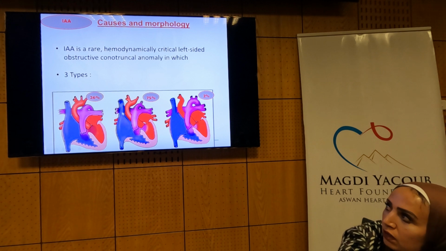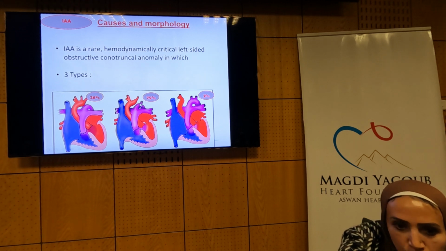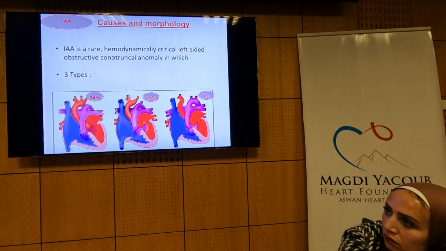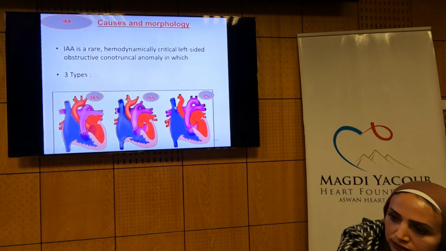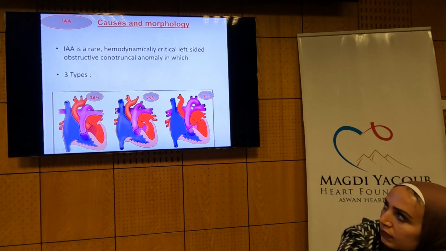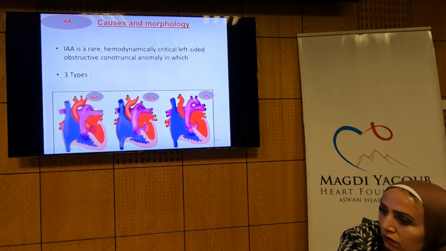In type 2, which is more common, you will find the subclavian in the descending aorta and the interrupted part including the brachiocephalic and the carotid. And type 3, which is the rarest, has the ascending aorta giving only the brachiocephalic and the carotid, and the subclavian coming from the descending aorta.